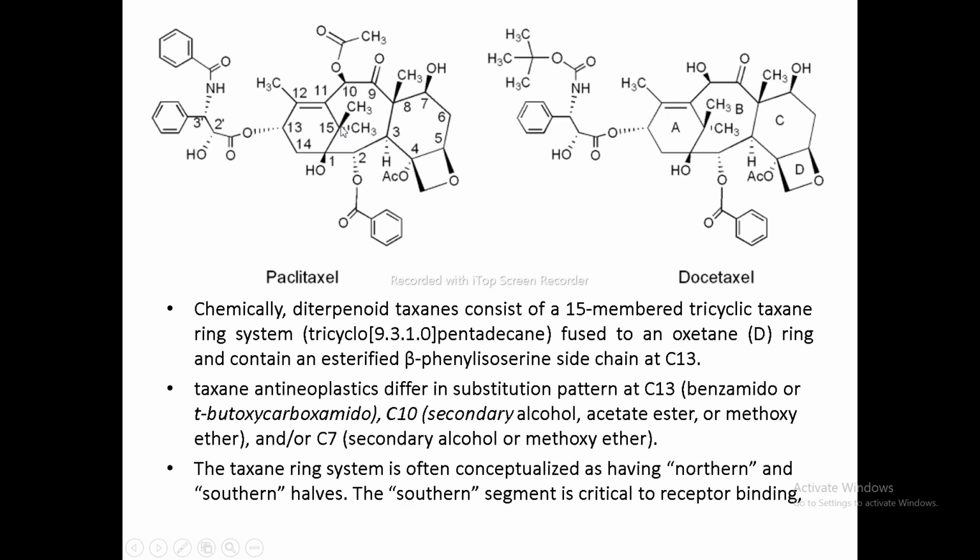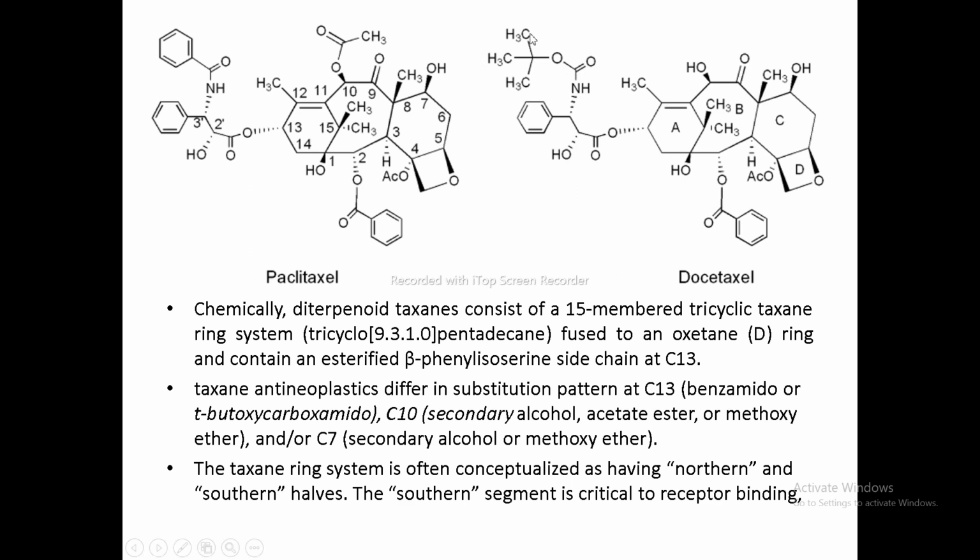Now these taxane antineoplastics differ in substitution pattern at C13. If you check the structures of Paclitaxel and Docetaxel, there is variation at the C13 substitution, otherwise the structure is the same. So either it is a benzamido, as you can see here in Paclitaxel, or it is a tertiary butoxycarboxamido ring system.